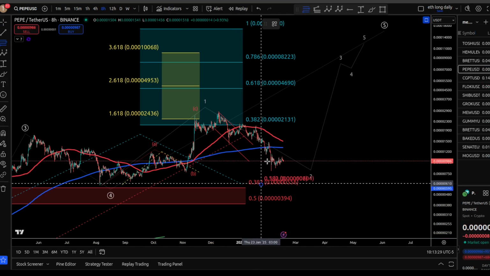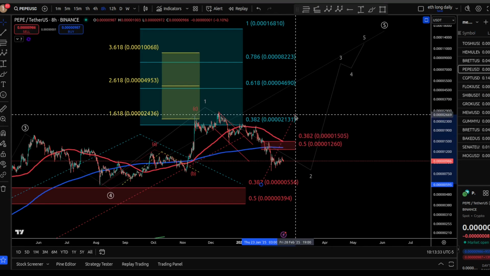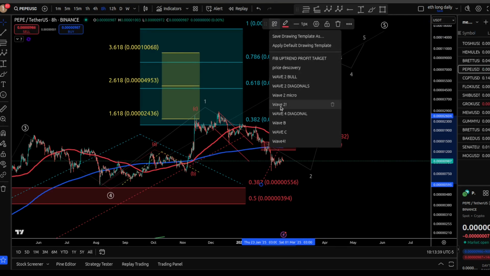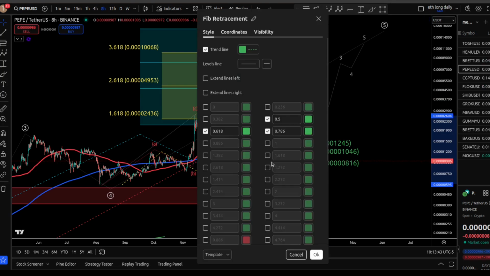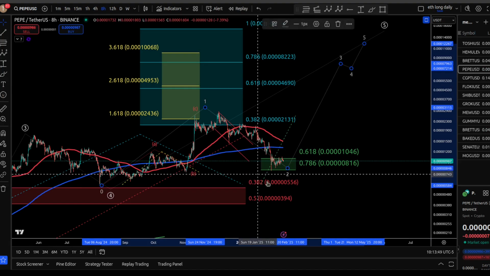Looks like it's going to be a deep one. Prematurely clipped. Alright, so taking the fib setting for the wave 2, it actually reacted perfectly to the 0.786. This is amazing.